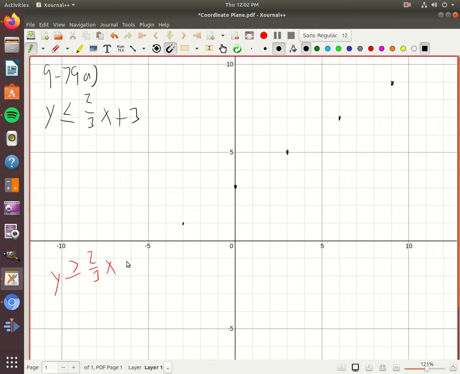So I don't think this line is actually changing. I think the only thing that's changing, that didn't go well. The only thing that's changing is the way we're going to shade it, I believe.